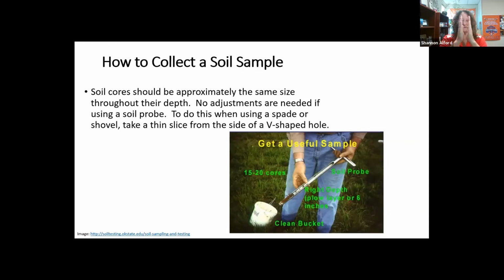So you need something that's the same throughout so that we get a good representation of the whole depth, rather than an exaggeration at the top or an under-representation at the bottom. So if you use a shovel, cut a slice out of it and send that to us from multiple places.